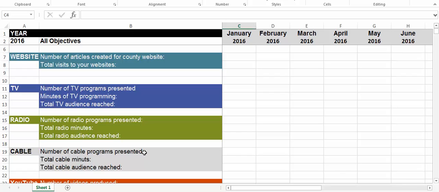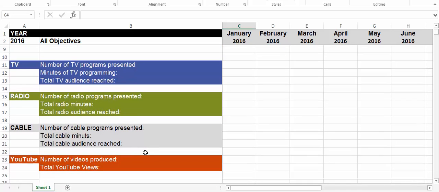And number of cable programs presented, total cable minutes, spelled wrong, and total cable audience reached. And YouTube videos produced. So by month you can report these numbers out, and then you can use that report if you have a local report you'd like to share with your county. It's still eligible to do that.